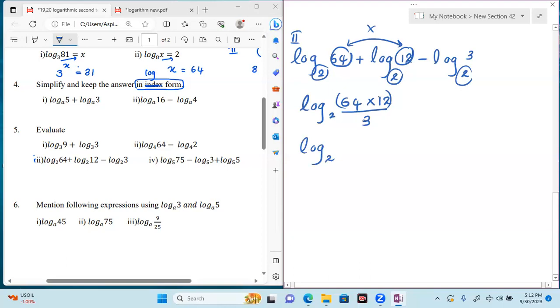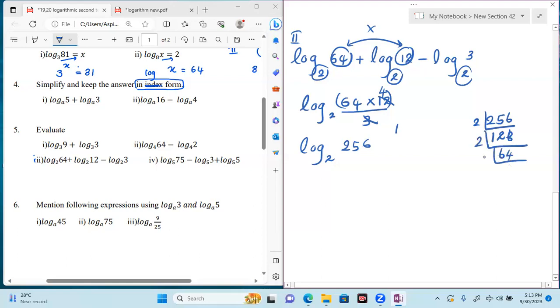Now you can follow the normal multiplication and division within this expression. Here 12 divided by 3, it is 4. 4 times 64 is 256. Now you can divide 256 by 2. It's 128, again divide, 64.